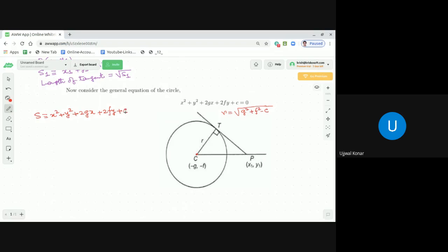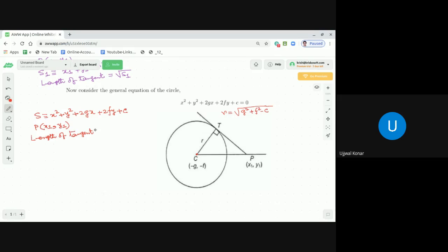That is the expression S, and the point P is given as x1, y1. Then what is the length of tangent? Let me first write it down, then I'll prove it.